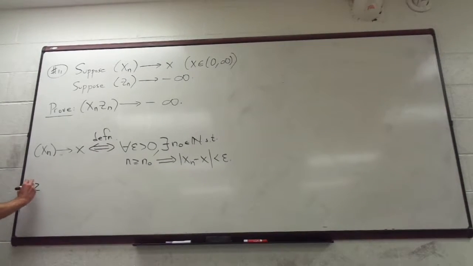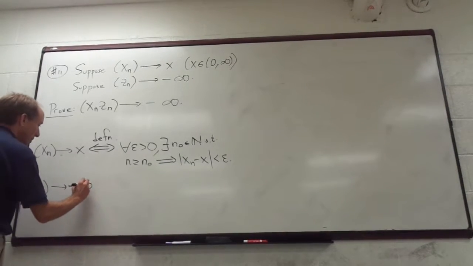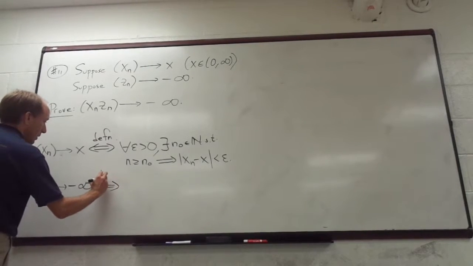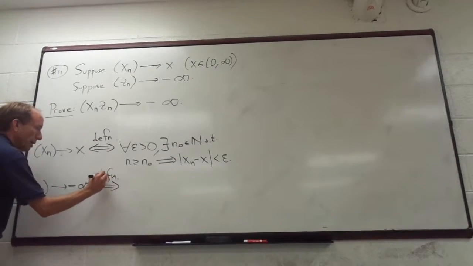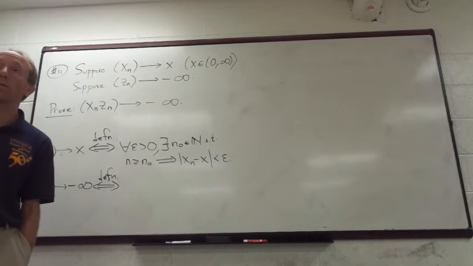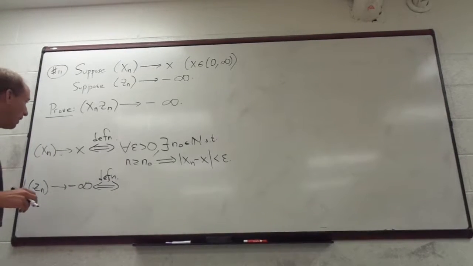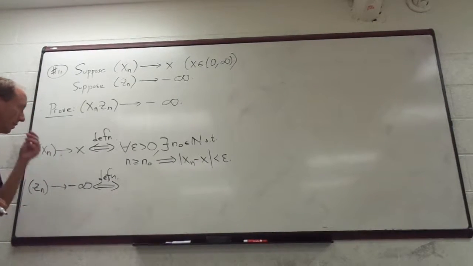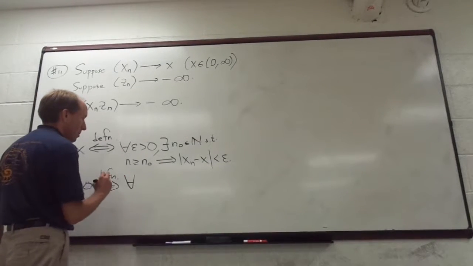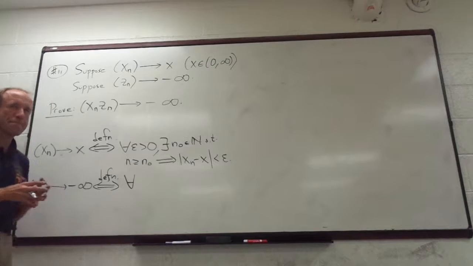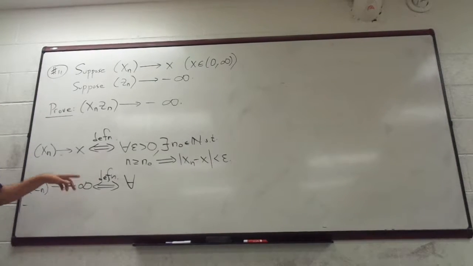And then zn converges to minus infinity. I think this was not covered heavily in lecture, but it was at least in the group work. So what would this look like? Remember, we're converging to minus infinity.